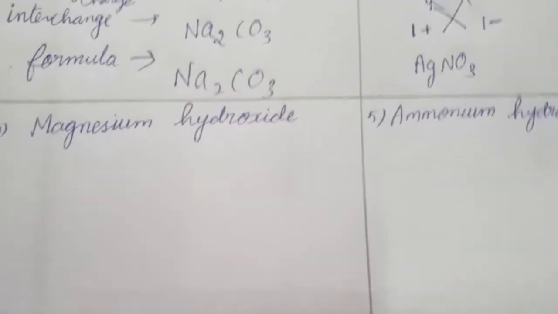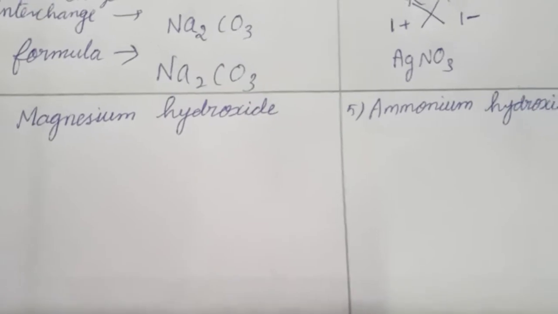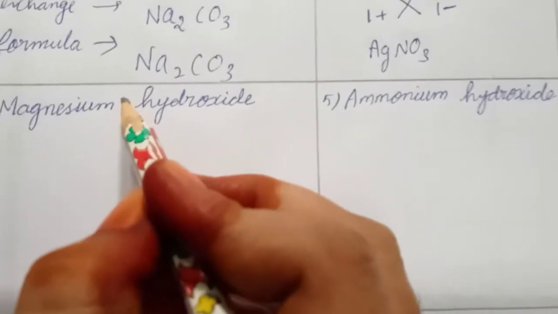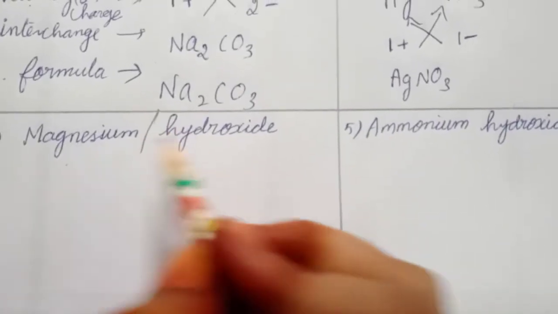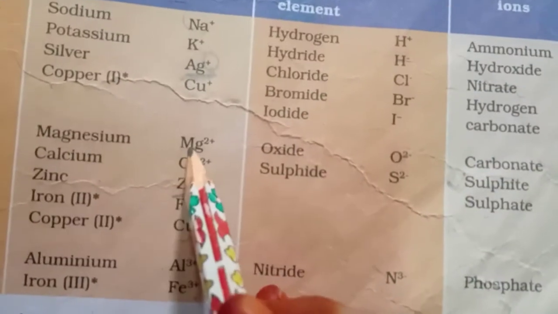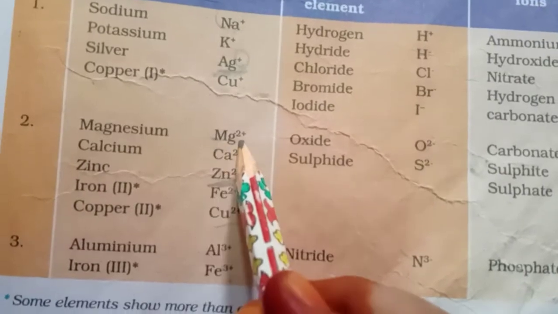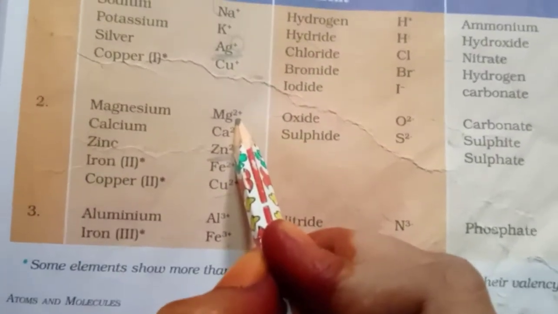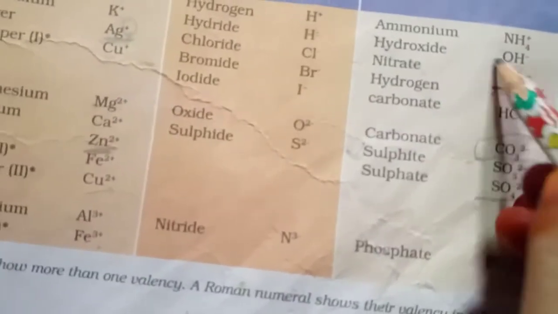Like that. Next, magnesium hydroxide. By using pencil, we split the name into two halves, magnesium and hydroxide. What is the symbol for magnesium? Mg2+. And hydroxide, what is it? OH-, right near the name.